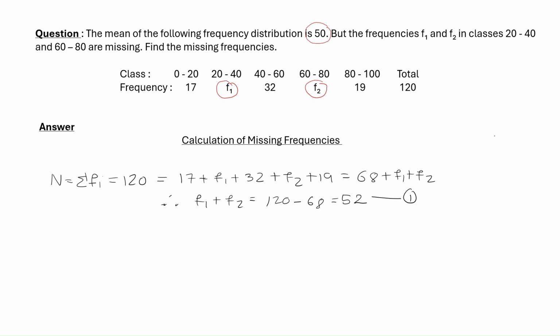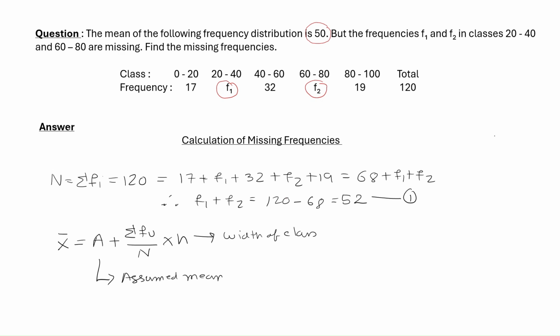For the second equation, we're going to use the mean formula, which is x bar equals A plus summation of Fu divided by capital N, multiplied by H, where A is the assumed mean, H we know is the width of the class, and U is (x minus A) divided by H. To get this, we will use a table.